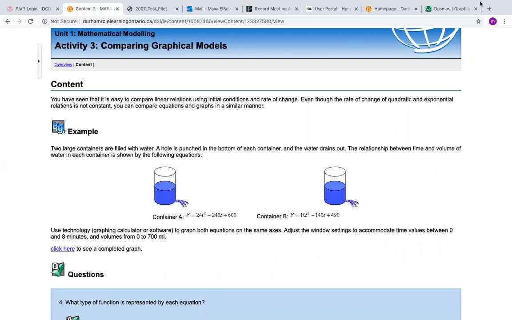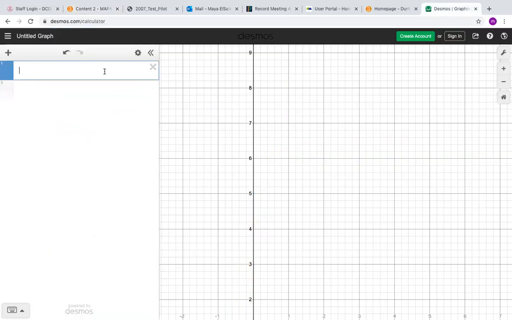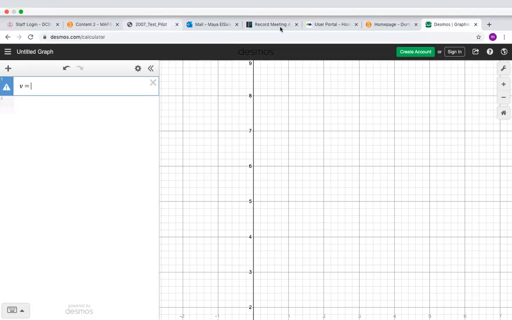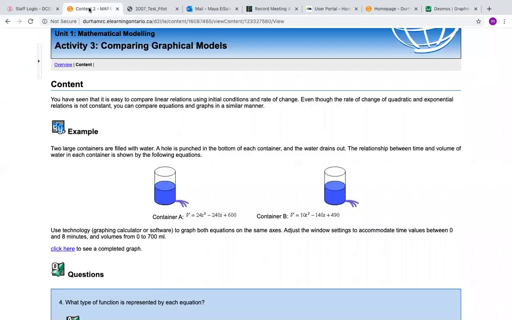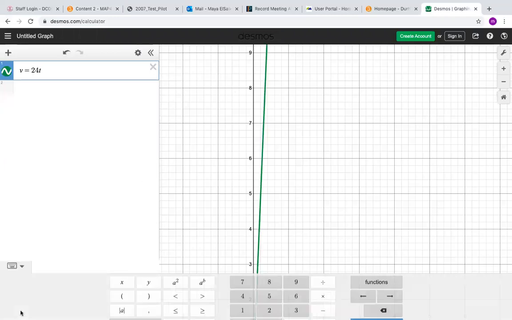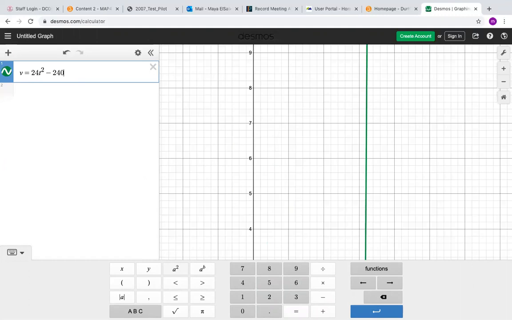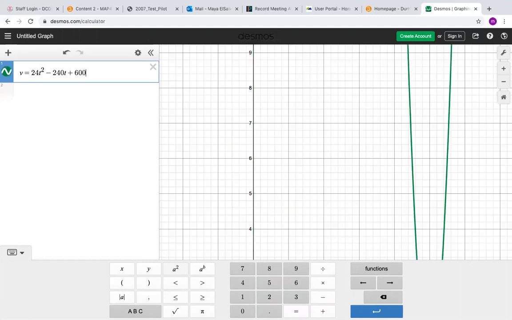So I have the equation, V equals 24t squared minus 240t plus 600. So to do the square, you have 2 options. You can use this here to put the square. Okay, so 24t squared minus 240t plus 600.